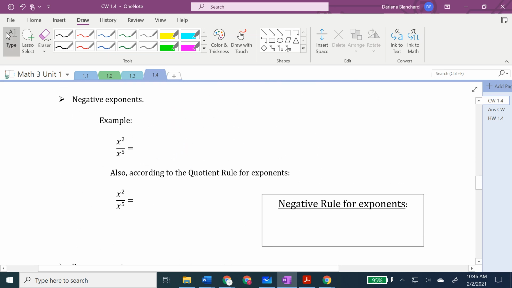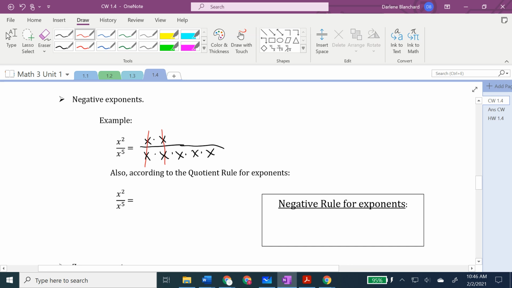Now, for negative exponents, if we look at what this is showing, you should see that you get the cancellation just like we saw a moment ago.